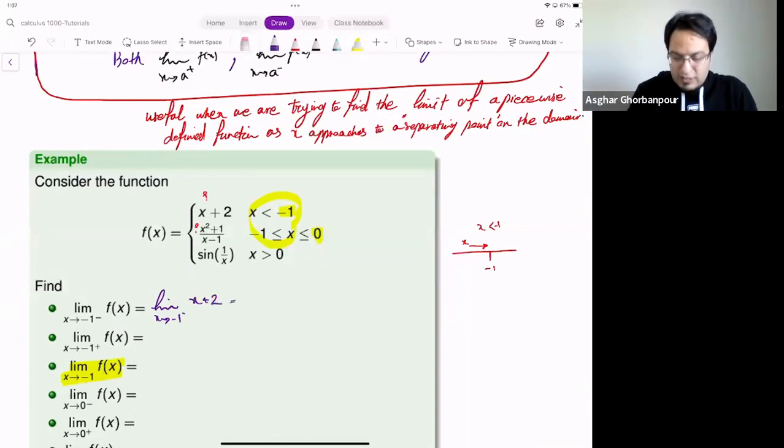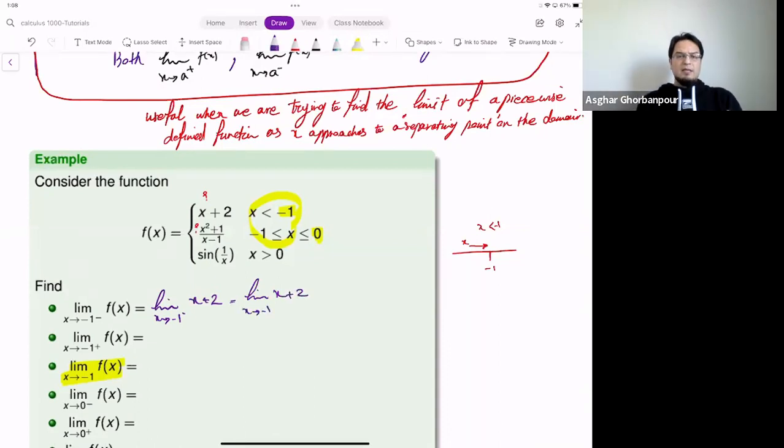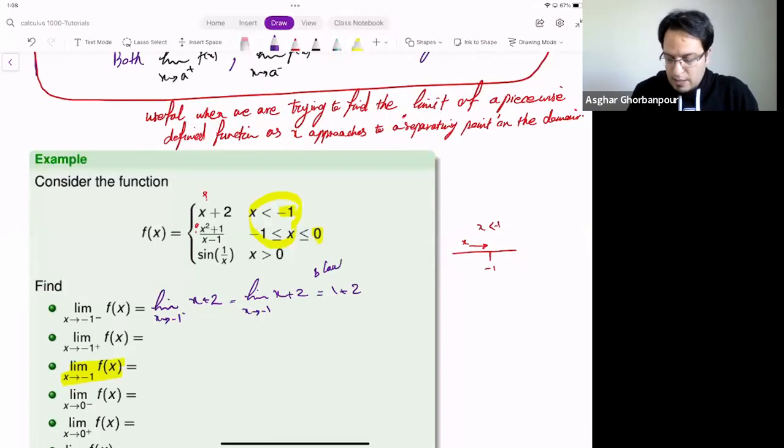But x plus 2 is a good guy. This is a polynomial, and we know that it has a limit no matter whether you compute from left or right, and that limit will be the same as the limit of x plus 2 as x approaches -1 from both sides. And that is -1 plus 2.